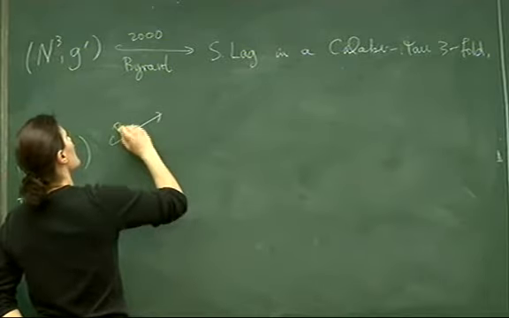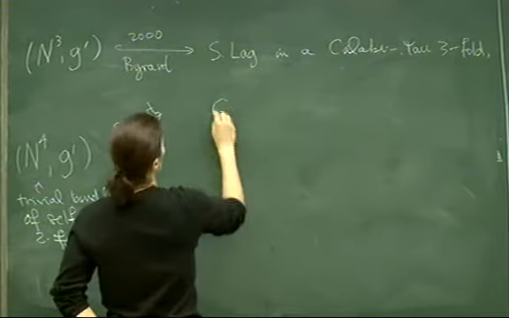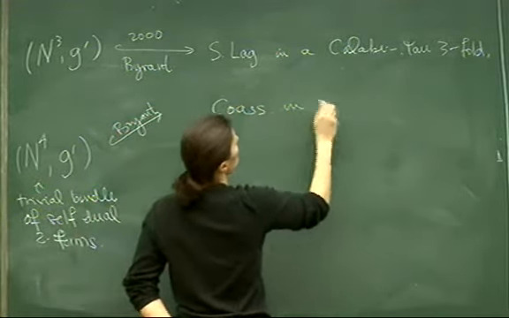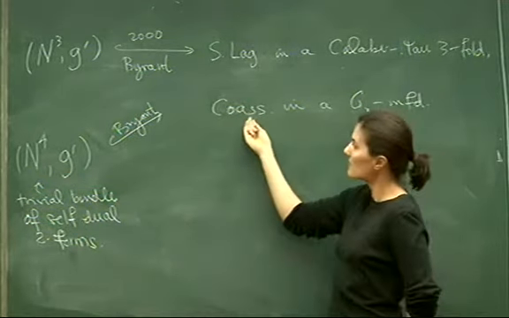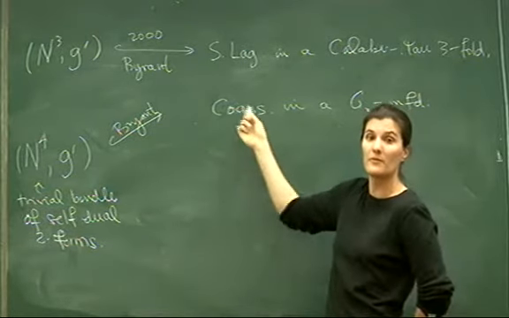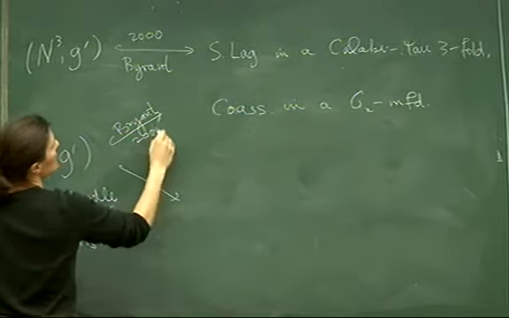Bryant showed that such an object could embed as a co-associative in a G2 manifold. So this N^4 when embedded would be calibrated by the Hodge dual of phi. And this is also in 2000.